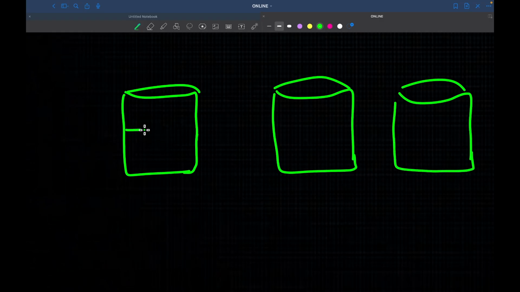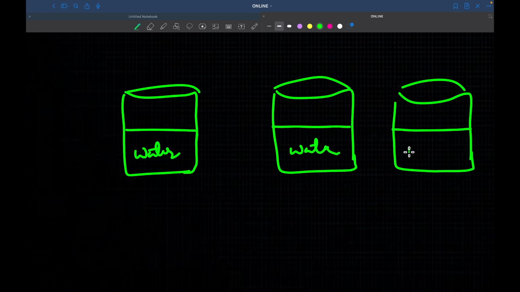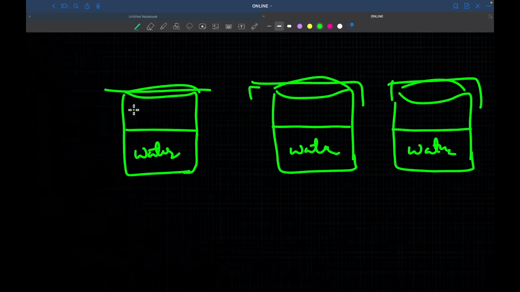I filled water in all three up to here. All three are filled with water. I closed them tightly, so all of them are closed tightly. And assume that here the pressure is 1 atm.